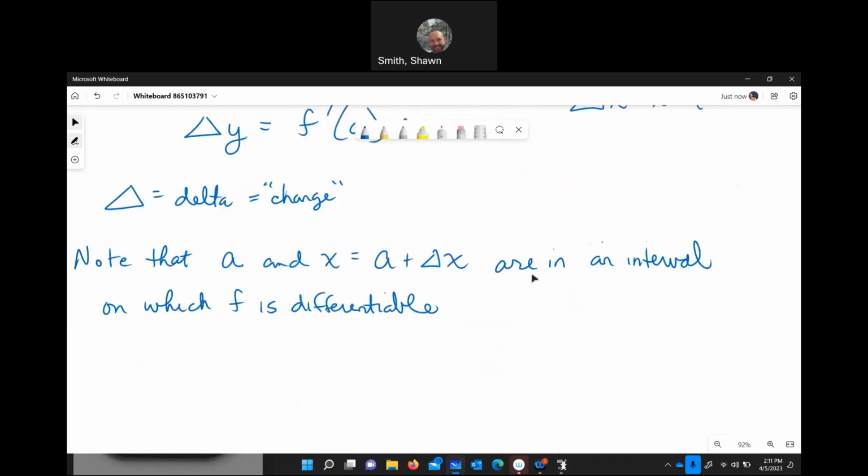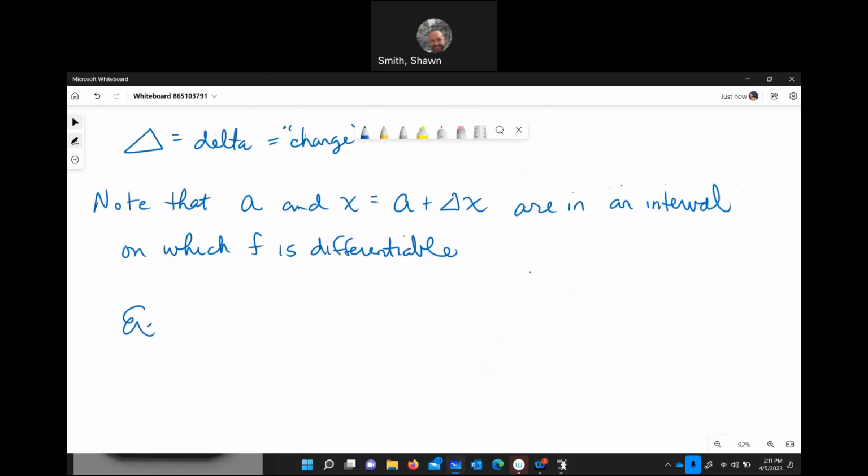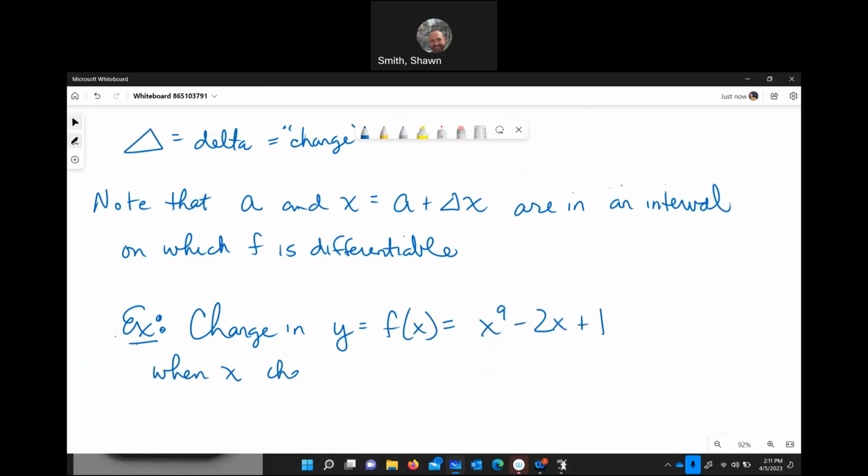So if I ask you, change in y, where f of x is x to the ninth minus 2x plus 1, when x changes from 1 to 1.05.